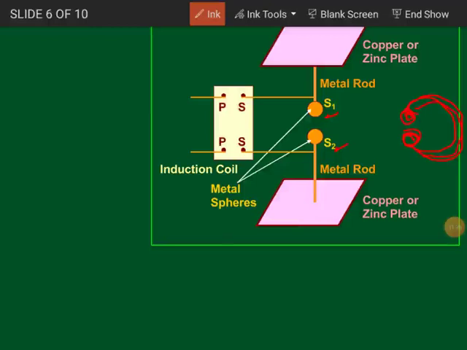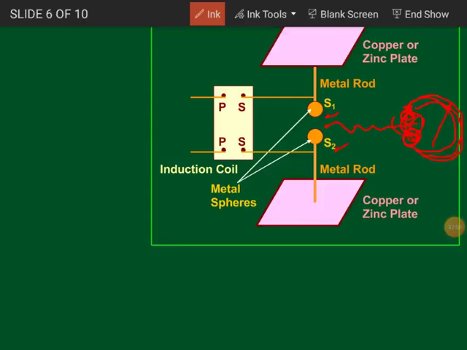The diameter of this ring will be around 70 centimeters, or 0.7 meter. Whenever electromagnetic waves come, sparks will be seen in between the two spherical balls. That means electromagnetic waves are propagating.